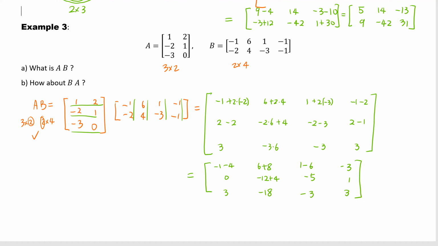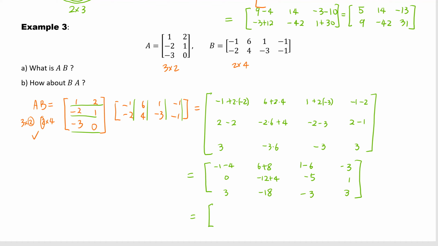So in the exam, you have to show all your work if you have questions like this. I know your calculator can help you do matrix operations, but I really hope that in your homework and your exam, you do it by hand. Show all your work.